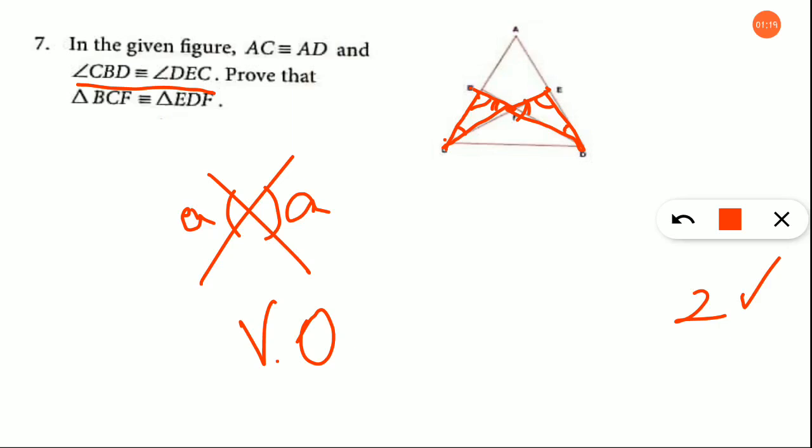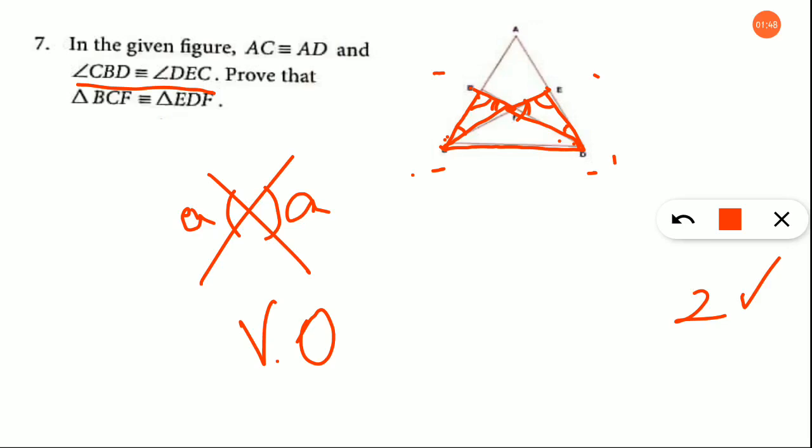Okay, for that I am going to take this angle CBD because it is having the same base as DEC. Okay, so since these two angles are having the same base, we can say that these two angles are also similar to each other. Okay, first one is we have taken the vertically opposite angles in both the triangles and proved that these two are same.